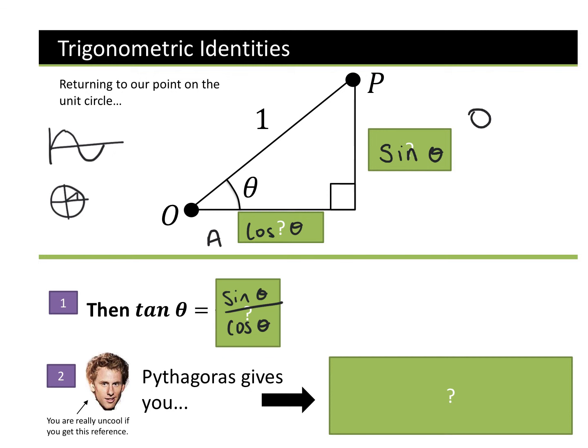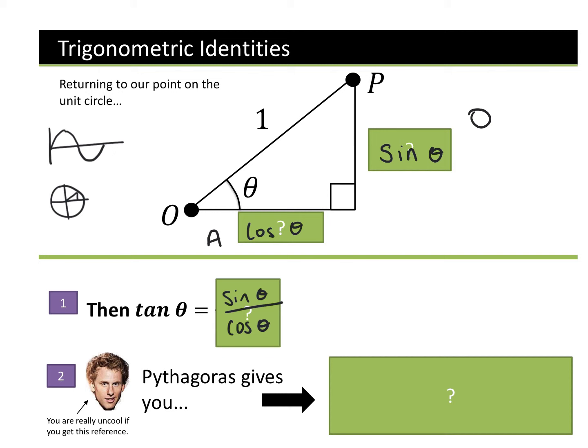Now this will hold true. For example, tan of 50 is sine of 50 divided by cos of 50. This is an identity. Now, we have a right angled triangle. Who's our favourite man?